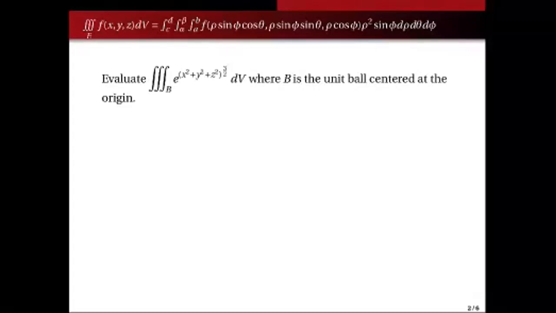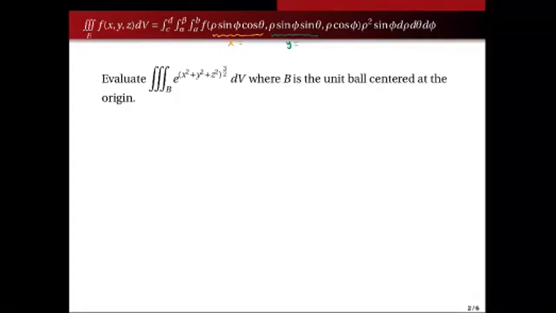For this one, this gives us the conversion of the variable x to spherical coordinates. And then we have this one, the conversion of the variable y in spherical coordinates.